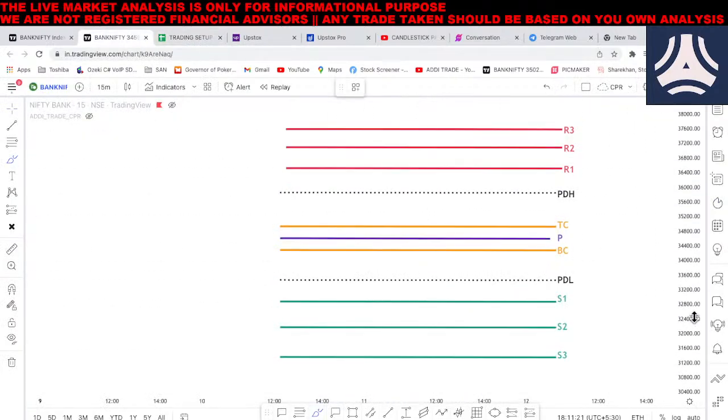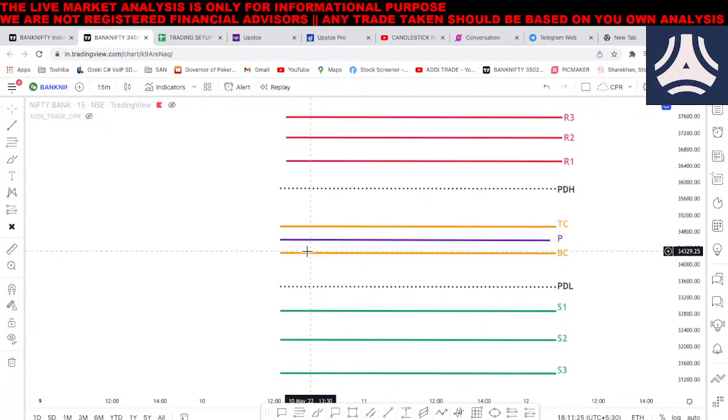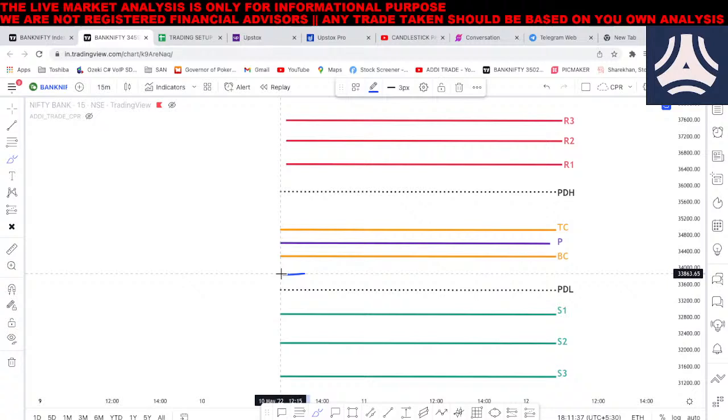And before we see examples, I'll tell one more important point. Apart from all these four setups that I explained, whenever we don't get an opening between the CPR and the previous day low, we get a huge gap down somewhere close to S2 or S1 in this region.